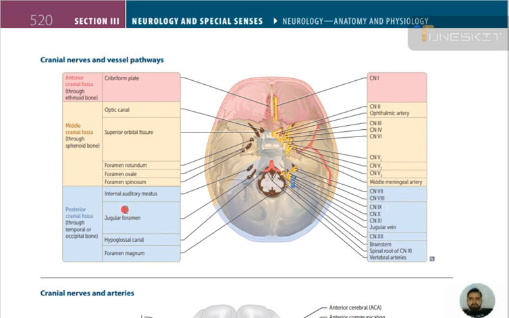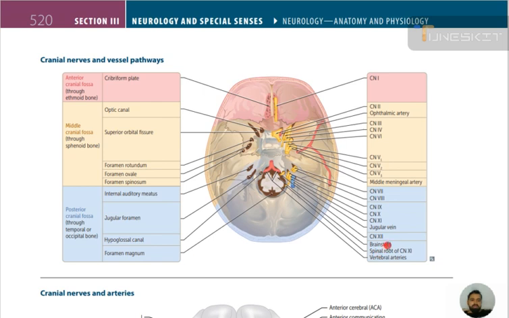Jugular foramen. From this structure, cranial nerves 9, 10, 11 and the jugular vein pass. Hypoglossal canal. This is the canal from where the hypoglossal nerve, obviously the name indicates, cranial nerve 12, passes. Then the last one and the biggest foramen, foramen magnum.